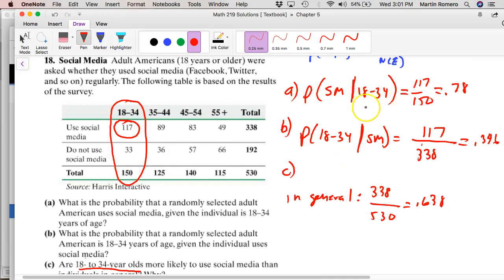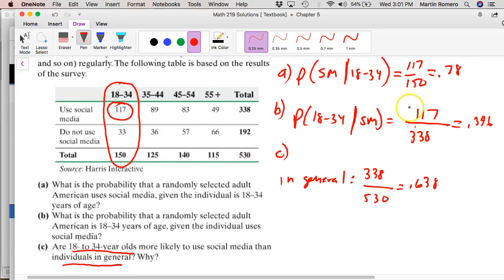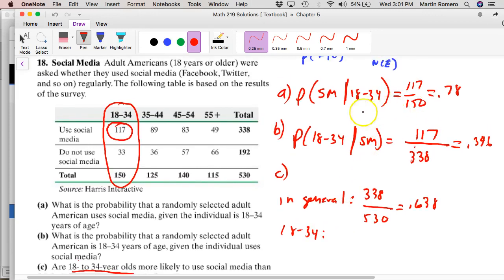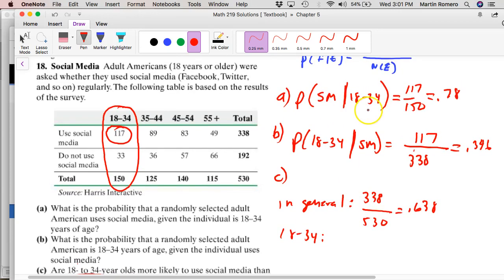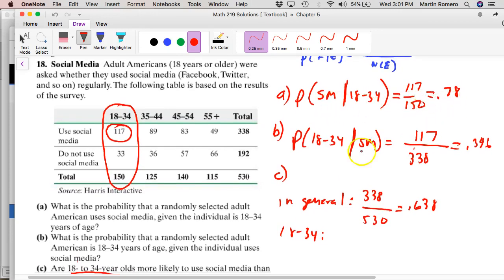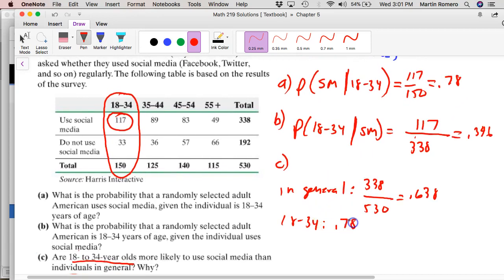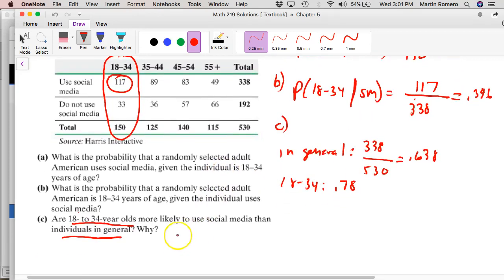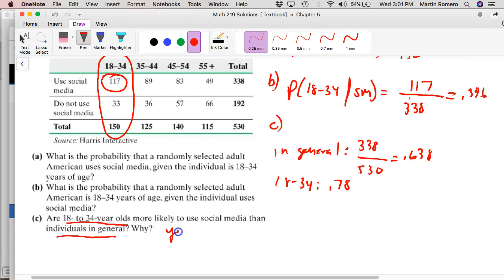How many use social media in there? This is the answer for part B. So what's the answer for 18 to 34-year-olds? It's this one, how many 18 to 34-year-olds use social media, and that's 0.78. So the answer to this question is yes, because we look at these percentages.